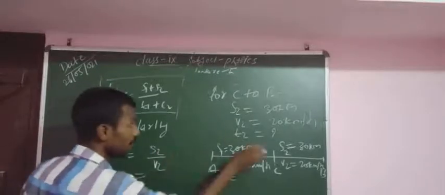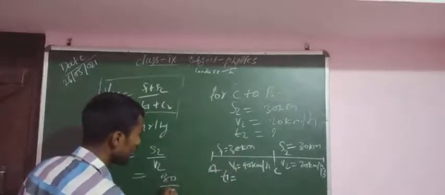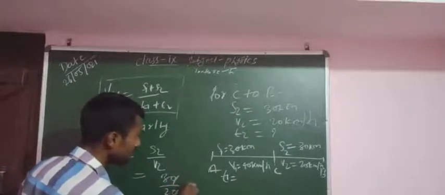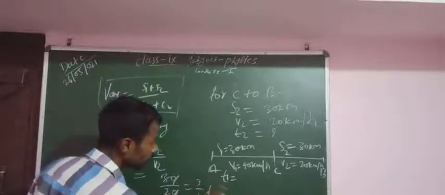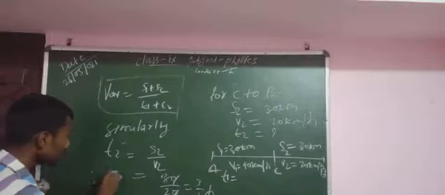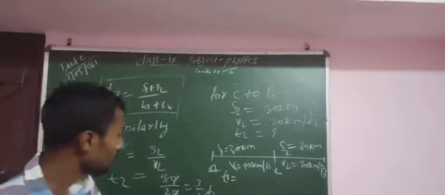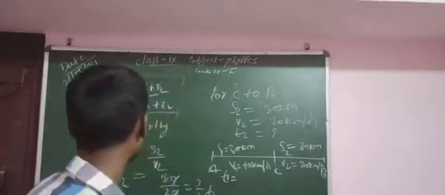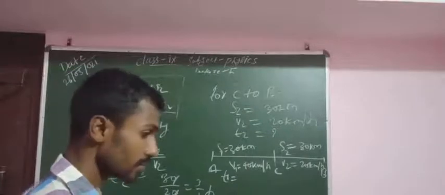So s2 is 30 kilometer and v2 is 20. That means t2 equals 3 by 2 hour.